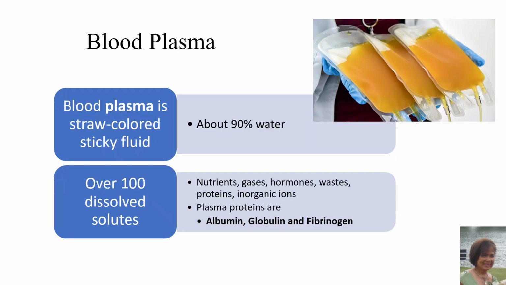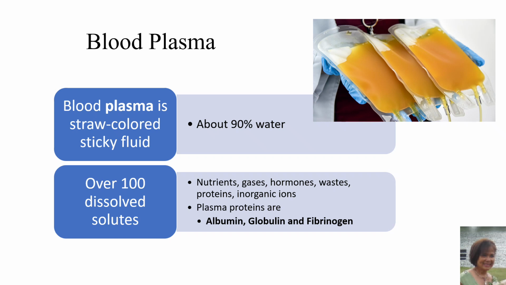So let's take a look at the components of the blood. When you separate blood, it is separated into its cellular components and the fluid component, which is the blood plasma. The blood plasma is straw colored, yellowish, and you can see in the picture that's real blood plasma.